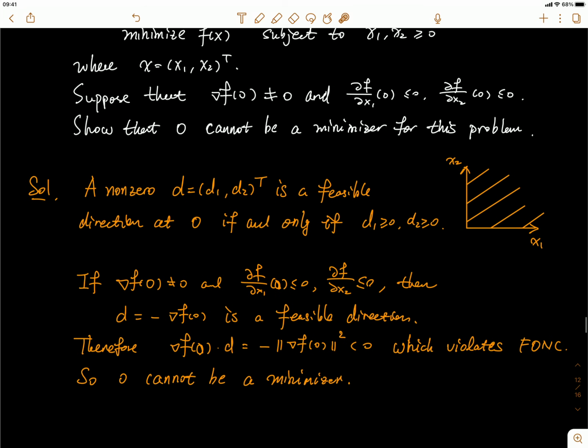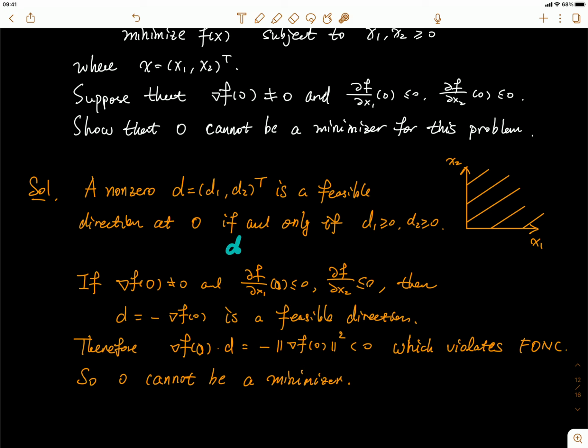So imagine this case: since partial f partial x1 and partial f partial x2 are both less than or equal to 0, that means I can choose my d to be the negative of this.